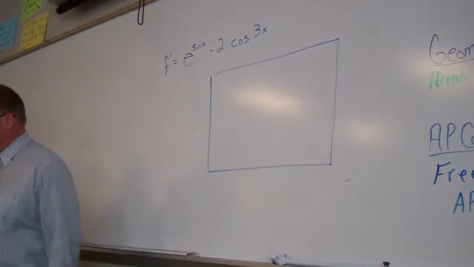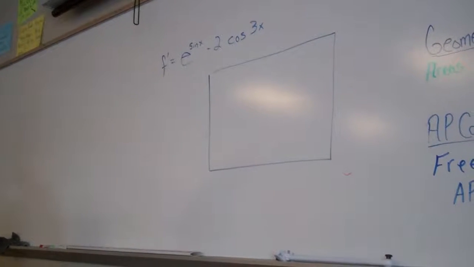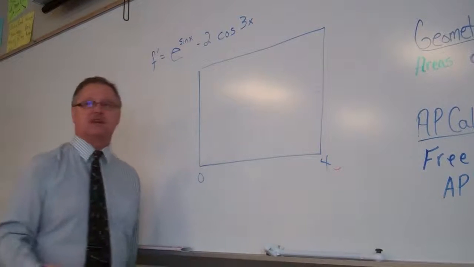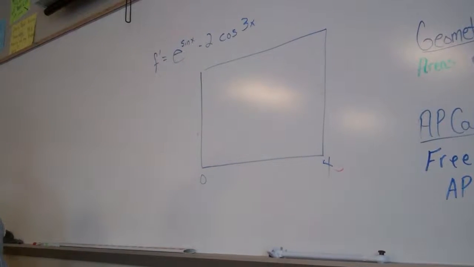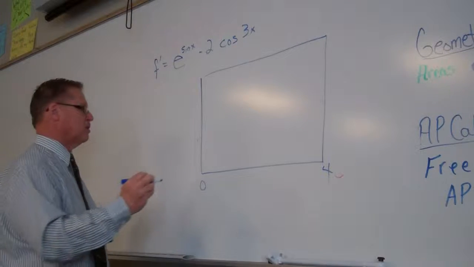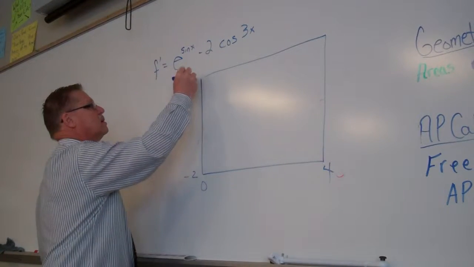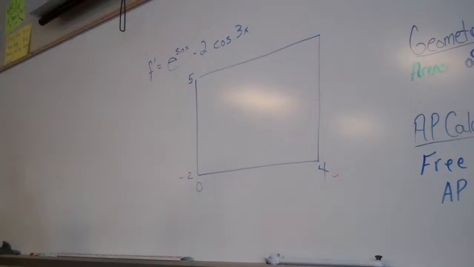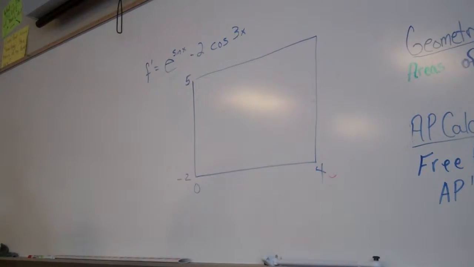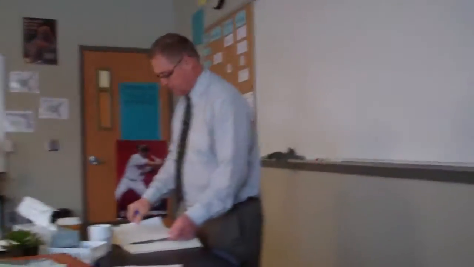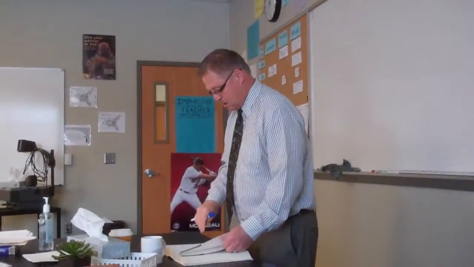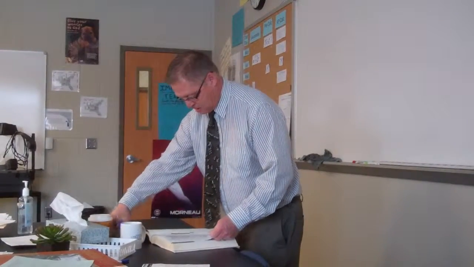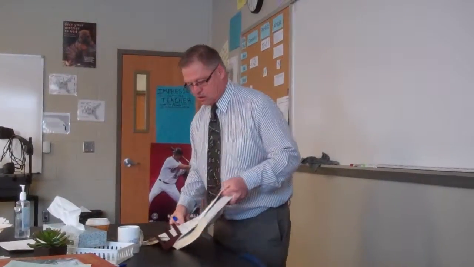So they're expecting you to do it in a window that is about 0 to 4 for your x range, and then about -2 to 5 for your y range. And if you do that, and everybody should have been able to do that, because you just type that in your calculator, the answer looks like this.